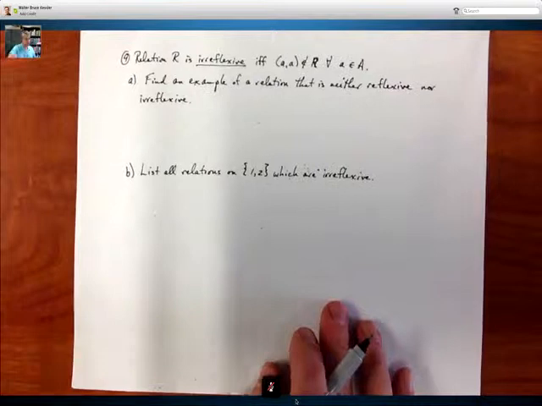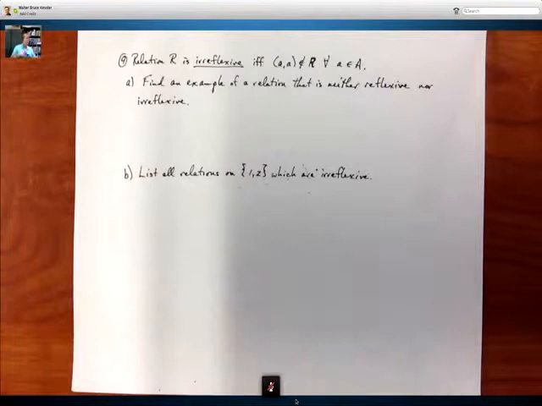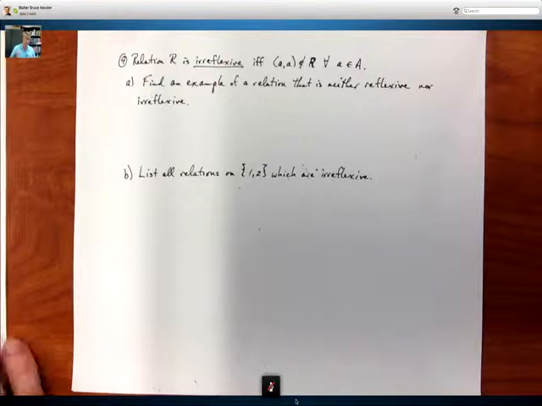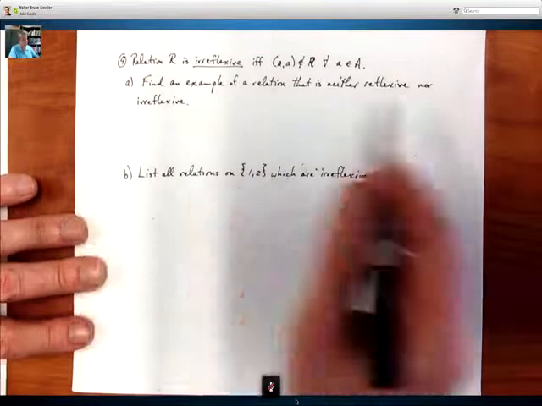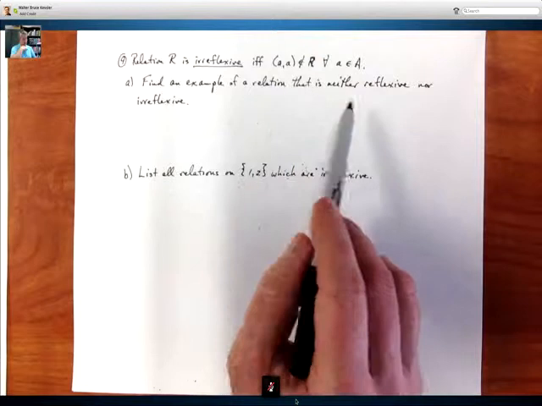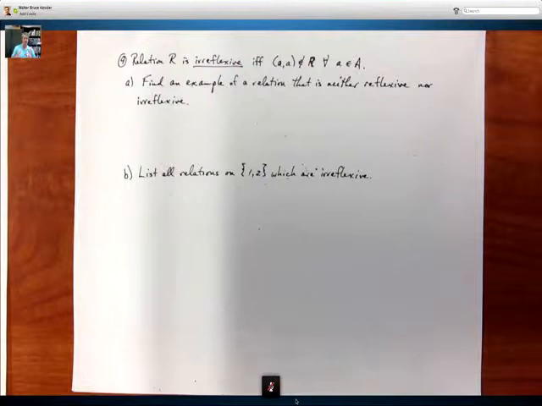And then the last problem we'll do before we stop here and take a little breather is problem 9, which talked about how a relation R is irreflexive if it has none of its double coordinates, right? None of its A, A for every A in the set. So if we want to find an example of a relation that doesn't have this property, but also isn't reflexive, remember both of those are for all A in the set type of conditions.